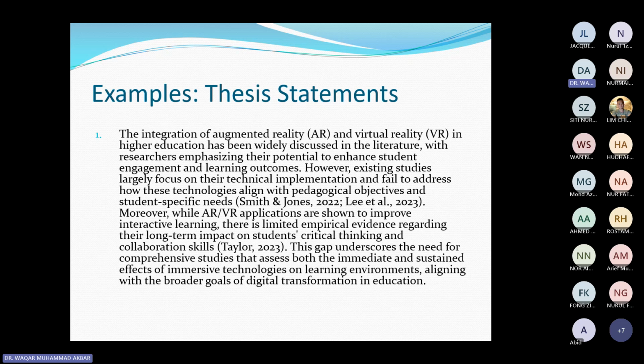However, existing studies largely focus on their technical implementation and fail to address how this technology aligns with pedagogical objectives and student-specific needs. Now, this is a logical argument we are developing. This is a statement where we are claiming a scholarly debate. It's not claim plus supporting literature, but scholarly debate.